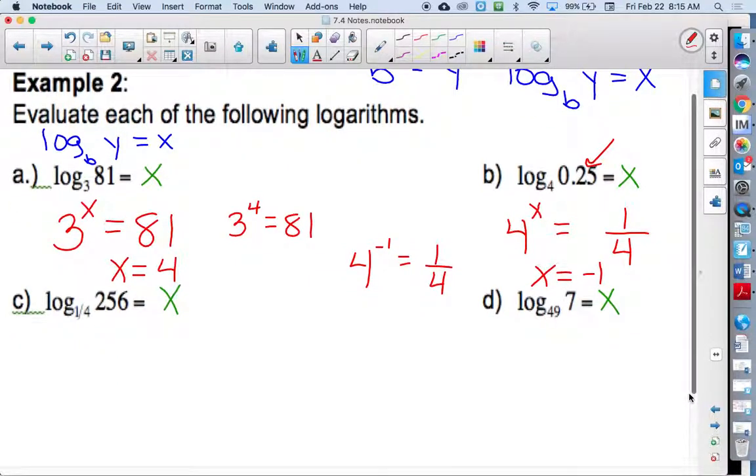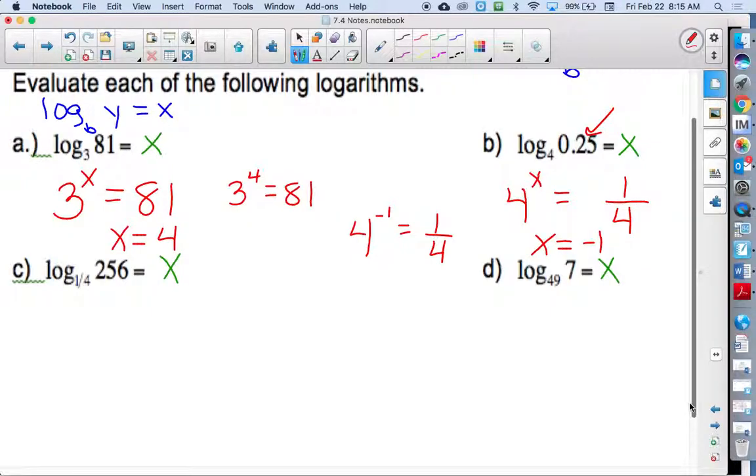If you look at letter C, we have log base 1/4 of 256 equals x. So the base is 1/4, and then we have 256. So if up here my whole number became a fraction with a negative exponent, this is also going to have to be a negative exponent to make it back into a whole number.